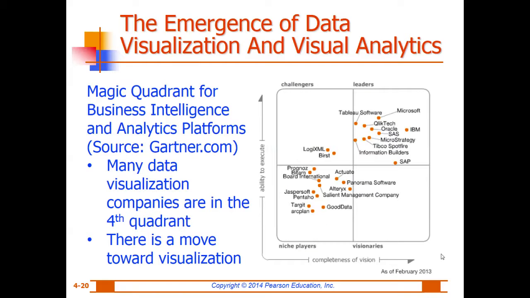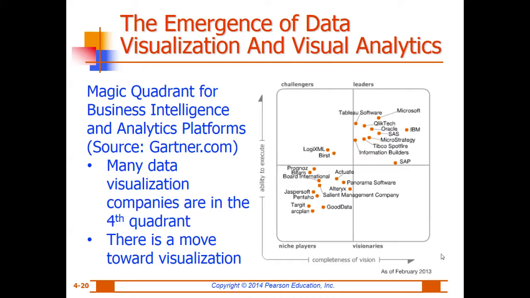You can see Gartner Research releases a piece of research every year called the Magic Quadrant, and it takes the players that are in the business intelligence space and maps them, whether they are hitting a specific industry or niche, and executing that well, and whether you are considered a market leader.